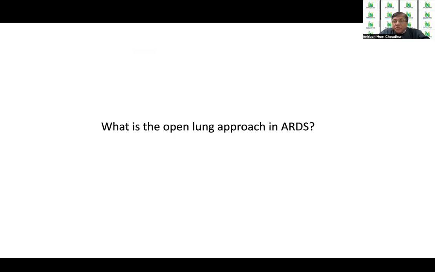Now, the application of extrinsic PEEP, as we know, comes from the implications of Henry's law, which states that the solubility of a gas in a liquid depends upon the pressure of the gas above the surface of the solution.